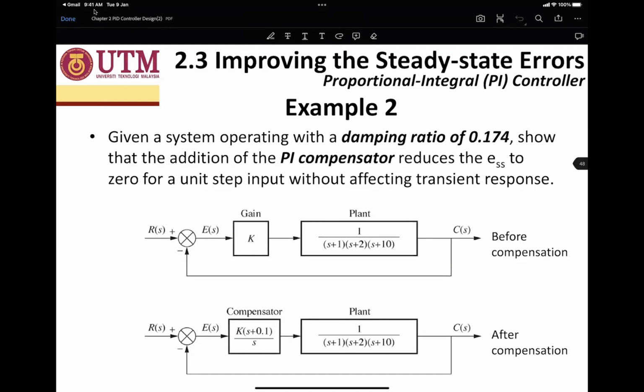So I'm referring to chapter 2, slide number 48. Improving the steady-state errors using a proportional-integral, or PI, controller. You are given a system with a damping ratio of 0.174.